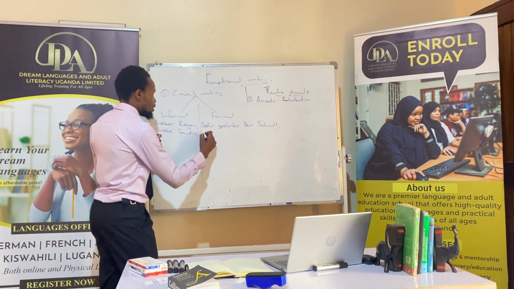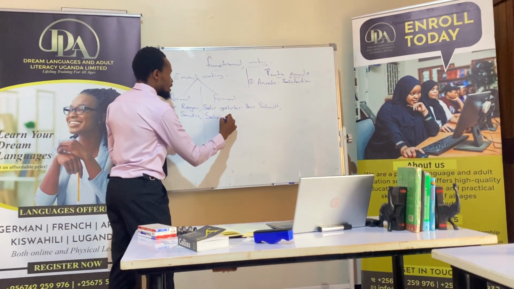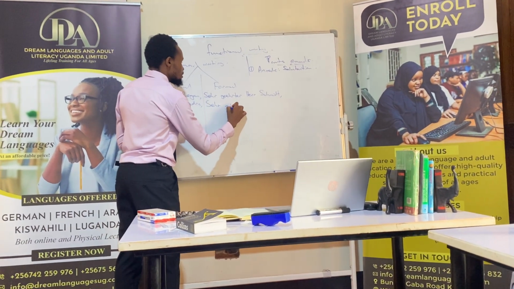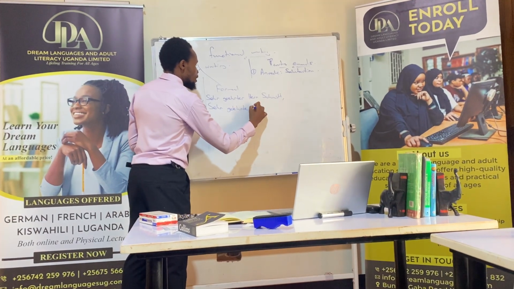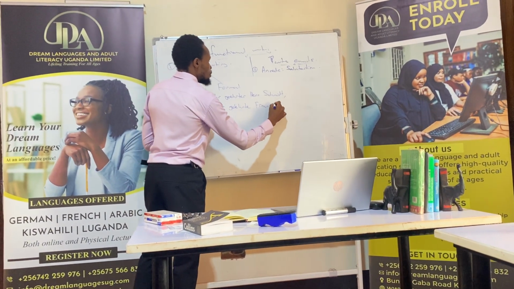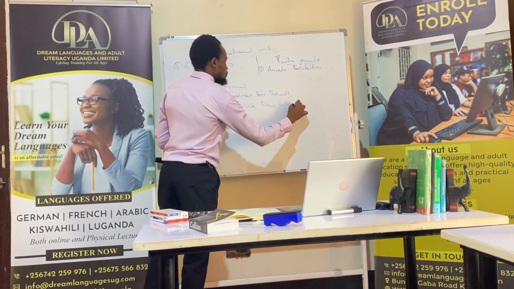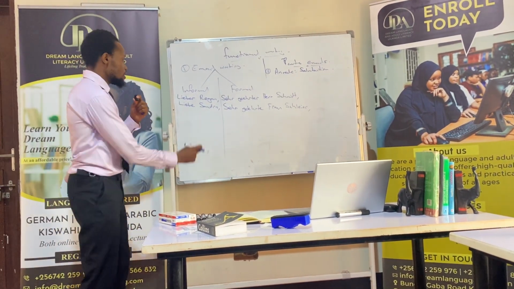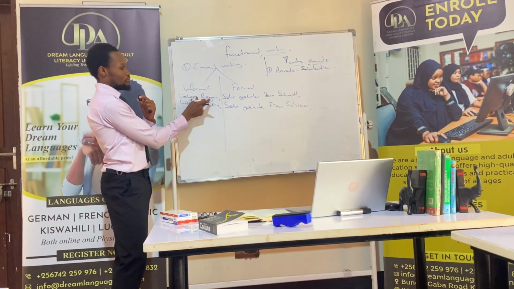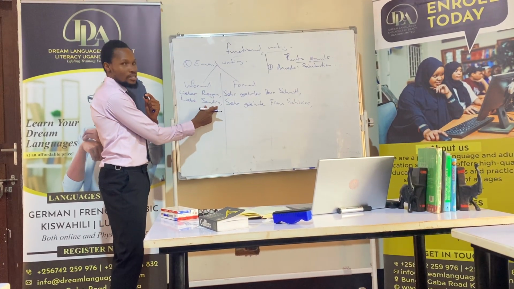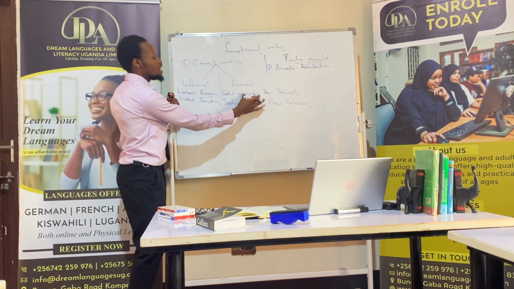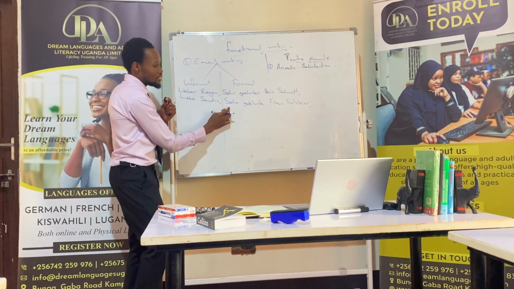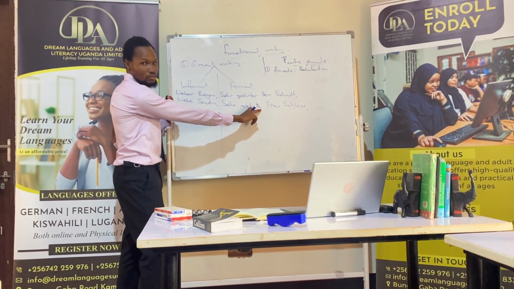Then for a lady, Sehr geehrte Frau Schleier. So these are the ways you can write. This is informal: Liebe Regan, Liebe Sandra. Formal: sehr geehrter with R, sehr geehrte without R.